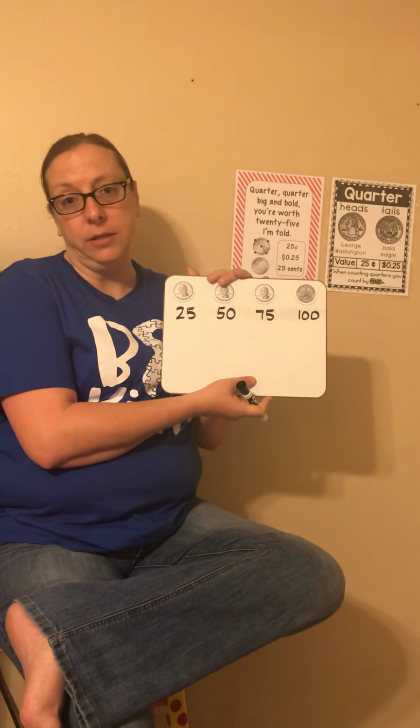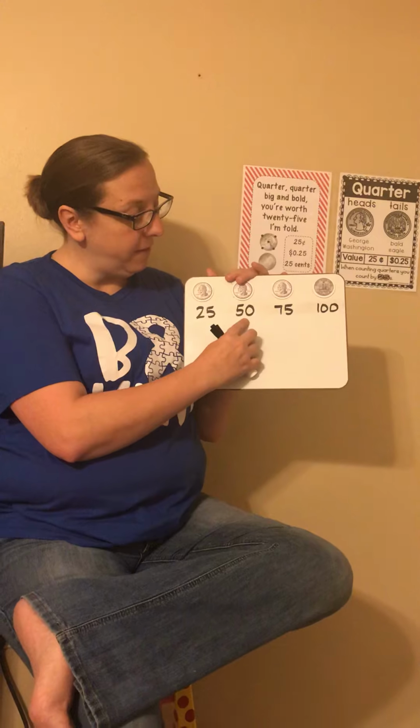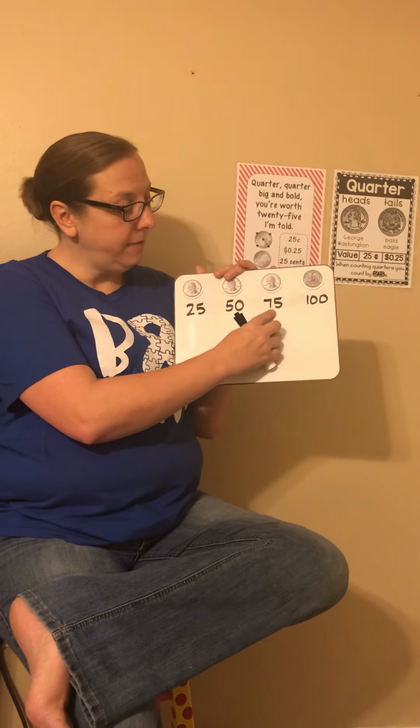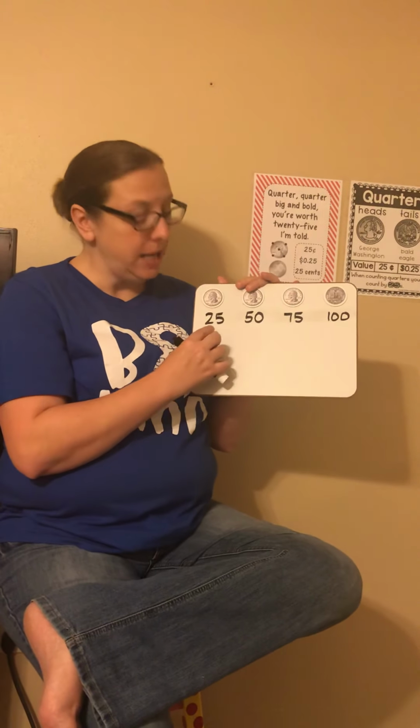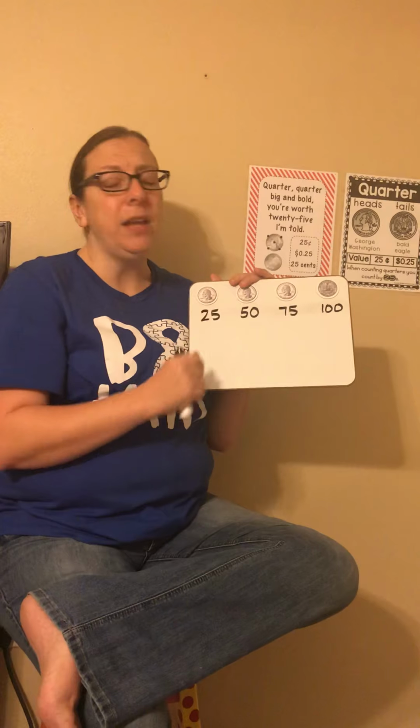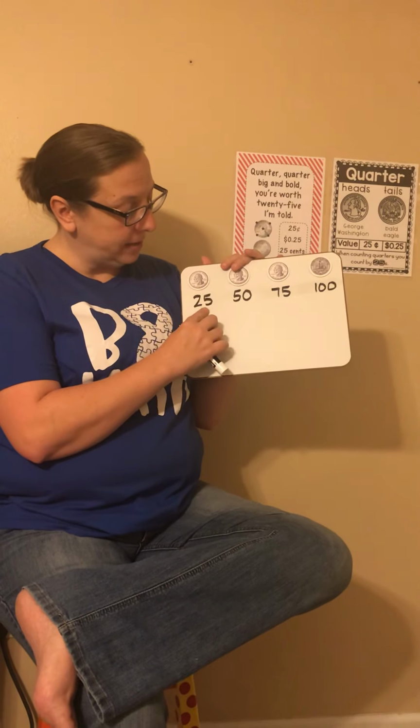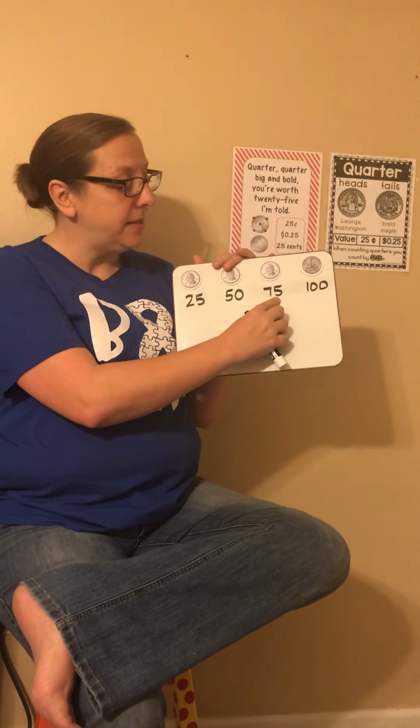So we're going to say it a couple times, the order of our quarters. 25, 50, 75, 100, which we know 100 cents is a dollar. So let's say those quarters a couple times so we get used to that pattern of counting by 25s. Ready? 25, 50, 75, a dollar. 25, 50, 75, a dollar.